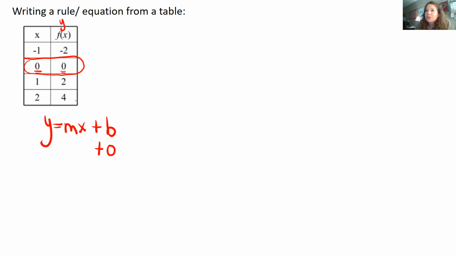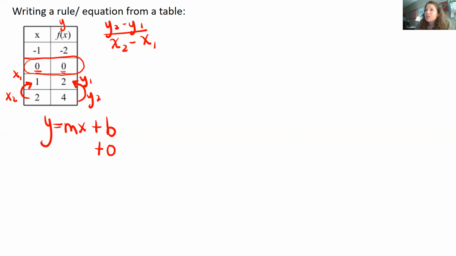And then we're going to do the change in y over the change in x. So remember, y2 minus y1 divided by x2 minus x1. So if we call this x1, this would be x2, y1, y2, and you can use literally any points on the graph. It doesn't matter.